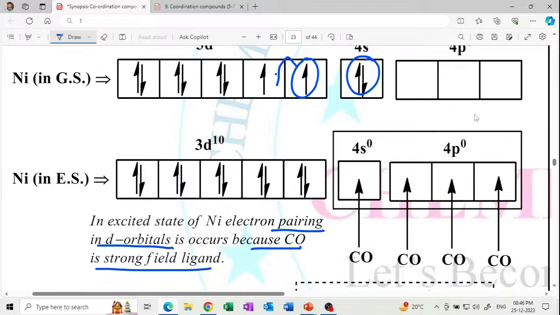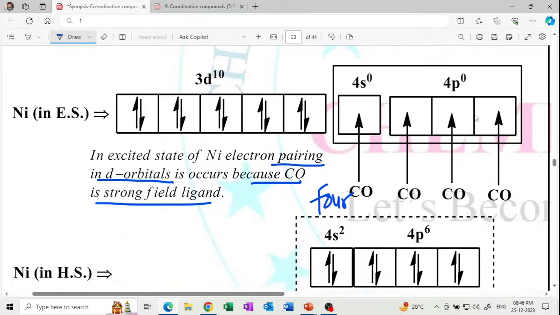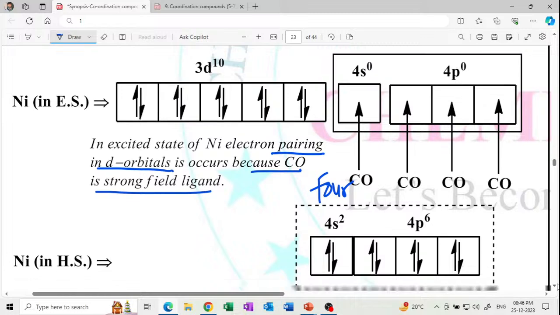So this is the CO. CO is the ligand, four ligands. Get it? So this is the pairing of the orbitals. Electron pairing takes place because CO is a strong field ligand. So these are four ligands in total, carbon monoxide.